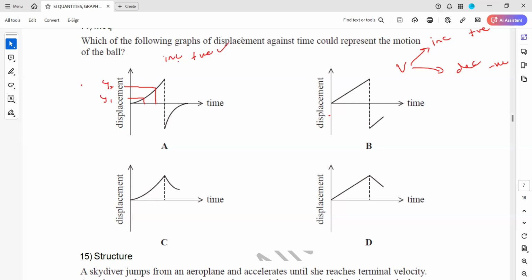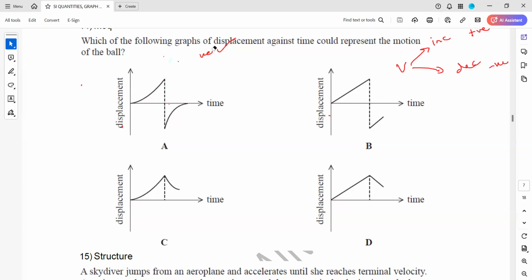So it matches with our first description. What about the second description, when we take y1 and we take y2? So y2 is above y1. So the second velocity is positive, but we want the second velocity to be negative. That's why it cannot be an answer. Because in the second part of the motion, the velocity should be negative and decreasing. So the slope should be negative and decreasing.